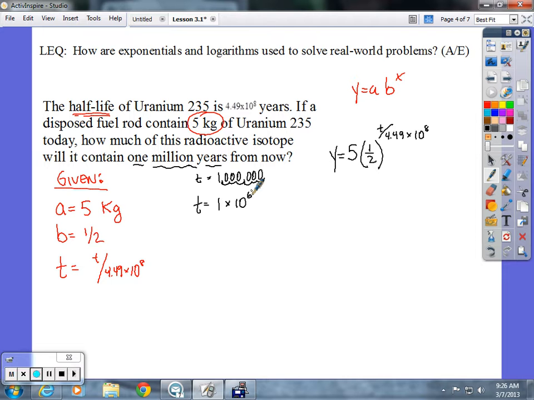So here we go. We would substitute that in for t. So 5 times 1/2 to the 1 times 10 to the 6th, divided by 4.49 times 10 to the 8th.